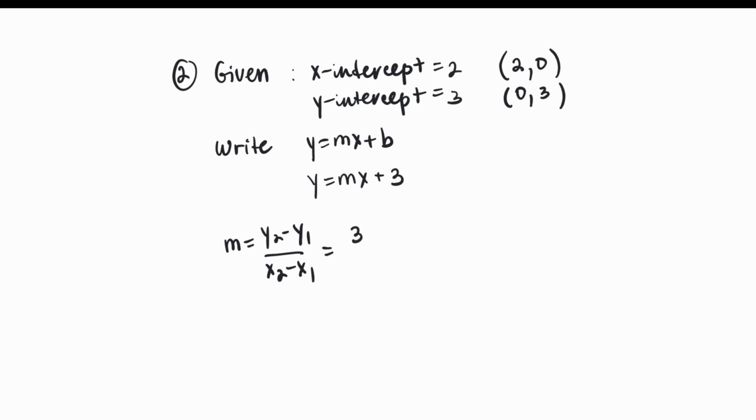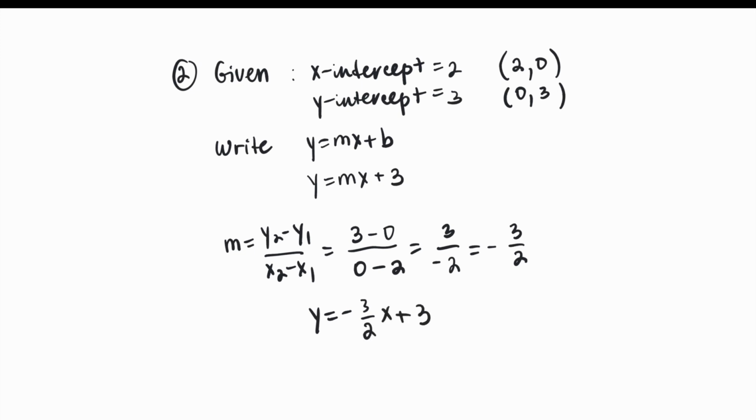So y2 is 3, y1 is 0, x2 is 0, x1 is 2. So 3 minus 0 is 3, 0 minus 2 at the bottom is negative 2, so all in all it's negative 3 over 2. And this is your slope. Now that you have the slope, you're ready to plug it into m, and you're done with the equation. Y equals negative 3 over 2 x plus 3.